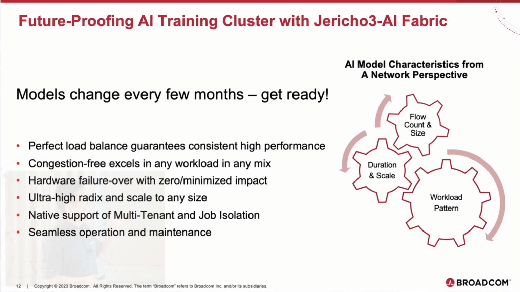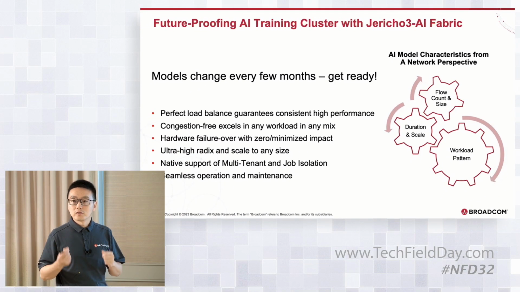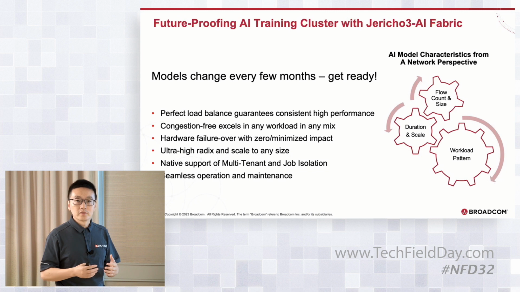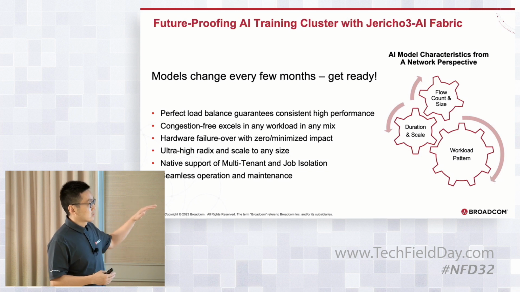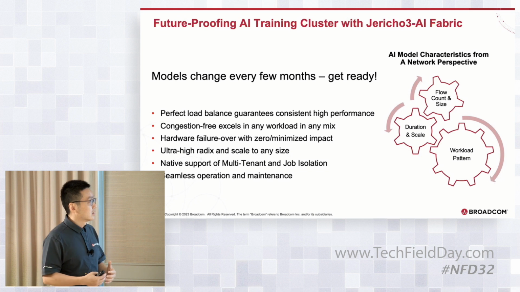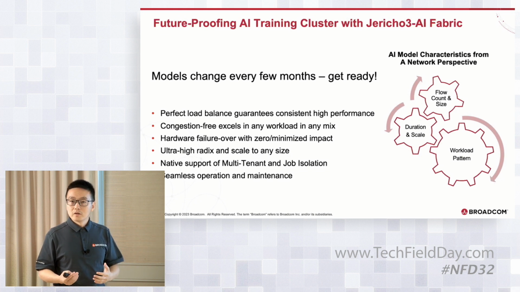Hardware failover makes sure there's zero or minimal impact to job completion time. The high radix makes sure the network can scale out as the cluster grows bigger and bigger. And this architecture has native support for multi-tenancy and job isolation. So basically, Jericho3-AI is really the solution for your future AI cluster.